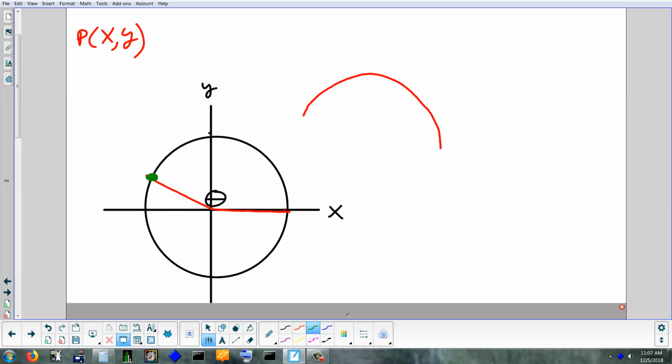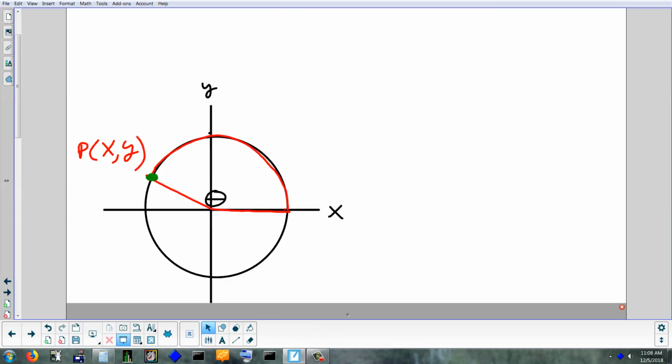So the goal is when you put in this arc, you draw the arc starting at the initial side all the way to where the terminal side hits the circle. That point in green has a coordinate. If this is the origin, you go left a certain amount and you go up.